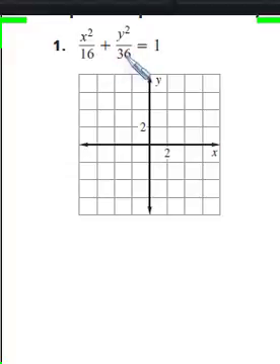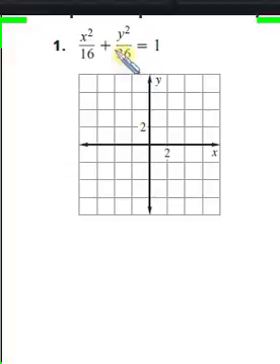So the very first thing you want to identify is whether it's going to be vertical or horizontal. If you look at the numbers underneath your x squared and your y squared, notice that the number underneath the y squared is larger. I know that my a value is always going to be the largest.